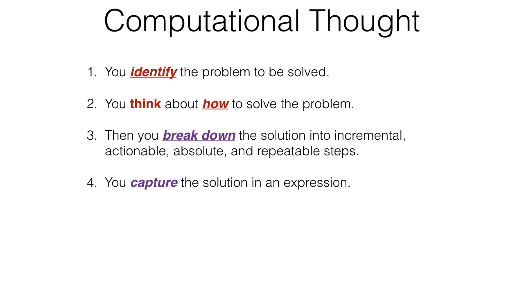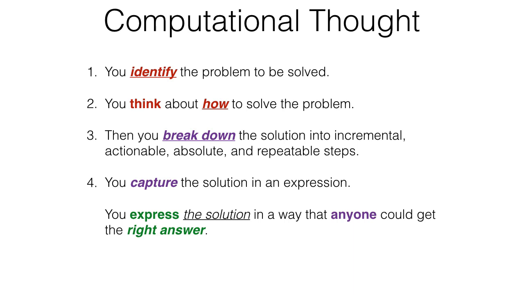And you capture the solution in an expression. You express, notice I keep emphasizing express. Just like in CS 100, I kept emphasizing that data is a representation. Here we are expressing the solution in a way that anyone or any device could get the right answer.